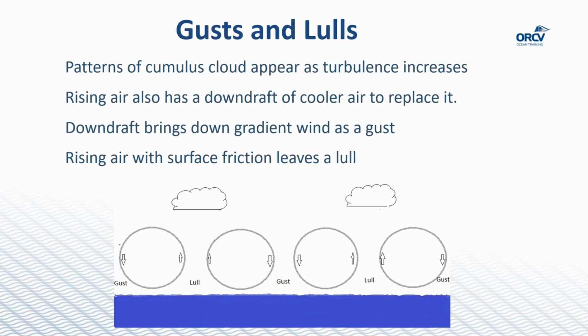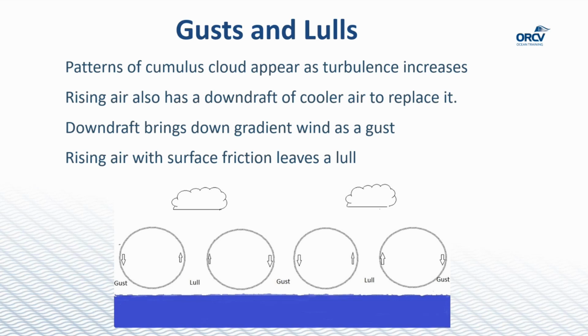Underneath the cloud is a vertical column of rising air, warmer air that's rising aloft, but something has to replace the air that's gone up, and therefore cooler air from aloft will make a downdraft and come down.